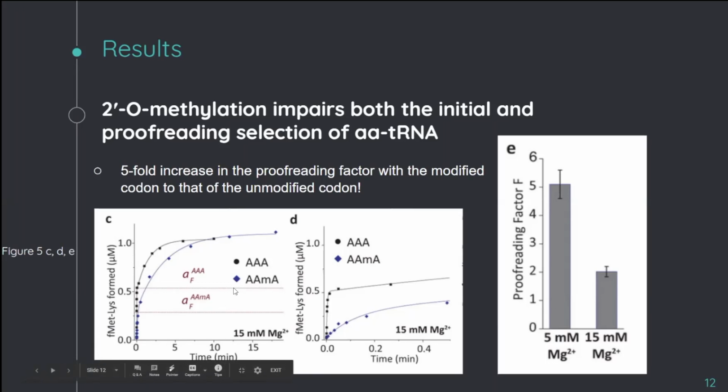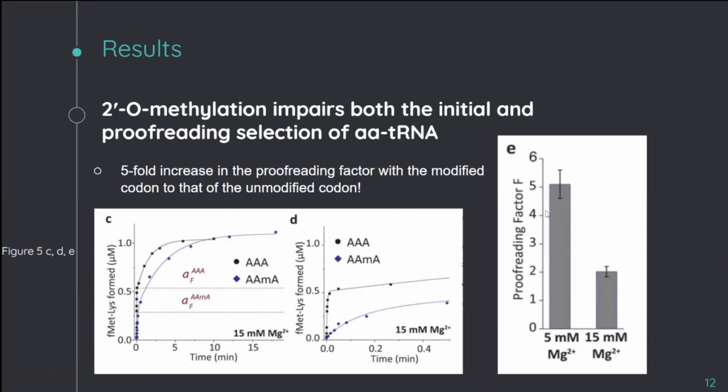And from that, without getting into the math because I don't have the time, they're able to find the proofreading factor, which is what they call the amplification, the fast phase amplitude over the fast phase amplitude of a modified codon in the A site.